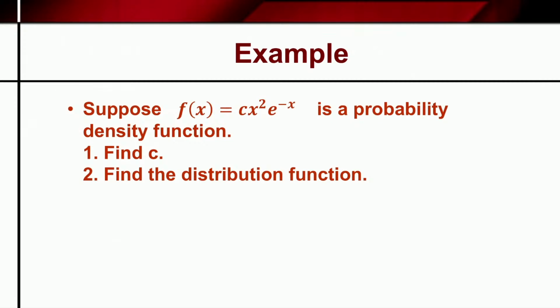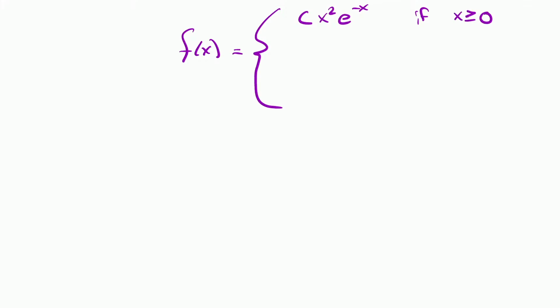Sorry, I just noticed that this only makes sense if x... here we go. I should append this. I'm going to do it on Notability, that way I'll get it right. There's something missing. So f of x is equal to C x squared e to the negative x if x is greater than or equal to 0, and 0 if x is less than 0.